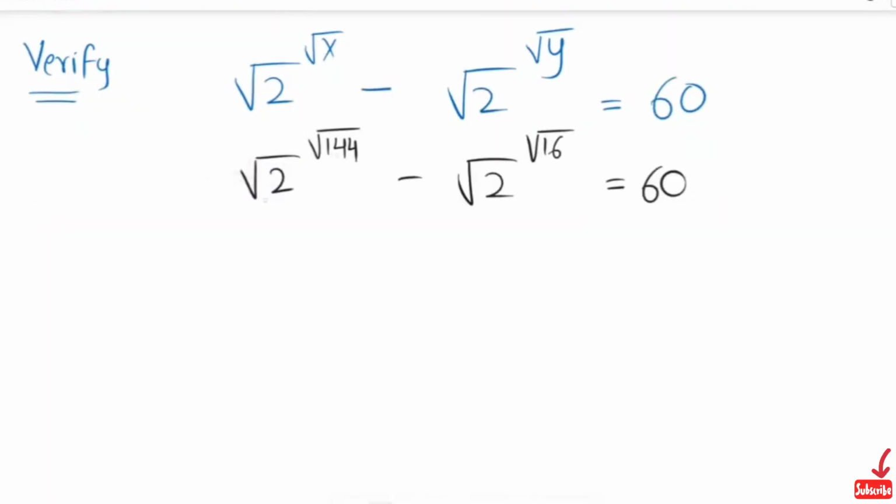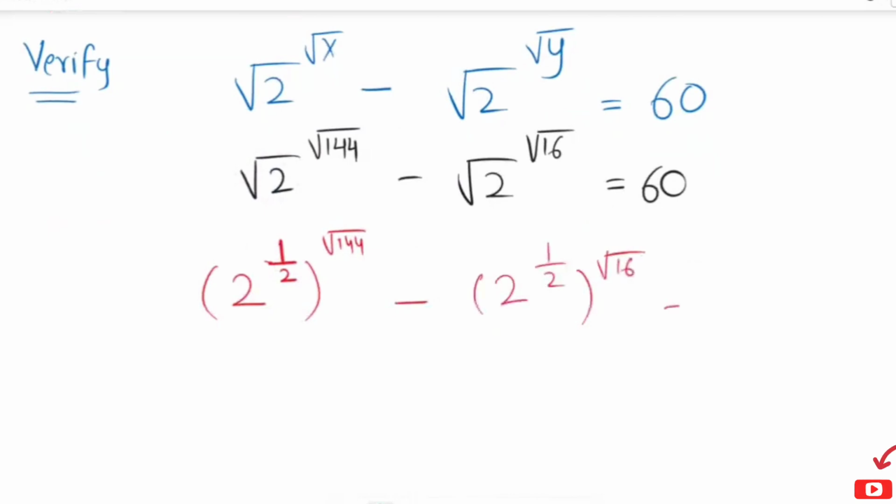Next, I will remove this radical by using the radical property. So here, 1 over 2 whole to the power of root 144 minus, here I am removing the radical, 1 over 2 whole to the power of root 16 is equal to 60.